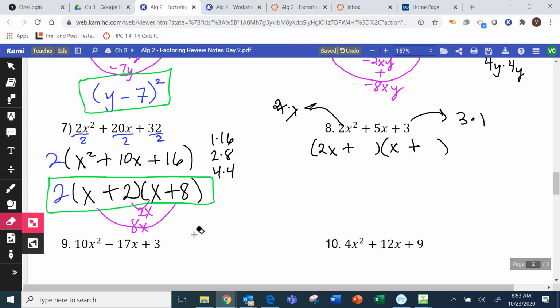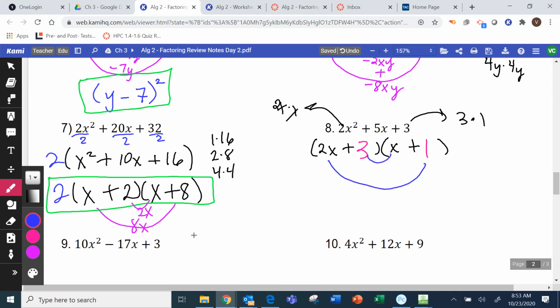What if it's 3 then 1? You saying no, Amar? You doubting me? So if I do 3 then 1, and I multiply my outside, I get 2x, and my inside, I get 3x. And what's 3x plus 2x? 5x.